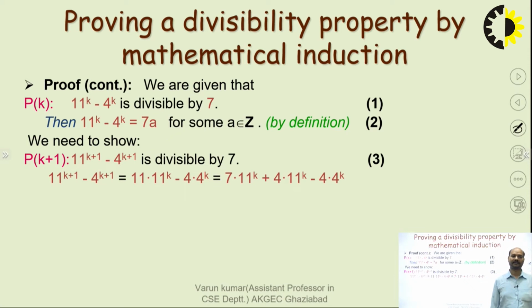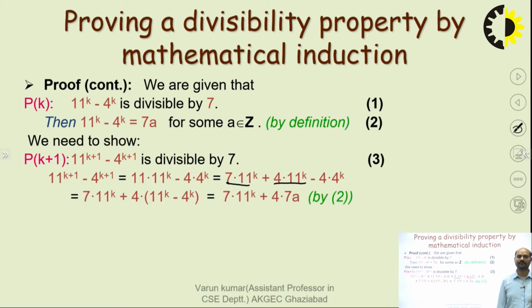So we expand 11 to the power k plus 1 into 11 dot 11 to the power k minus 4 dot 4 to the power k, where 11 is divided into two parts, that is 7 plus 4. So it will become 7 dot 11 to the power k and 4 dot 11 to the power k. What is common here? Here common is 4.